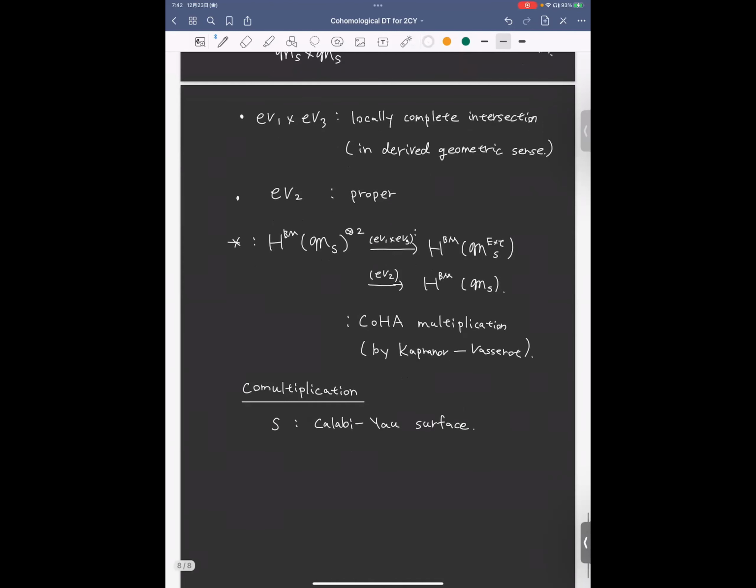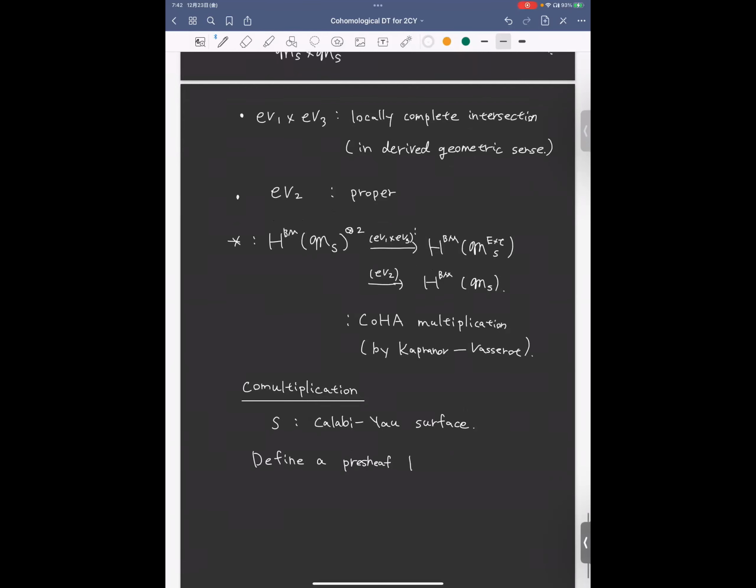And we define a presheaf on the affine line whose name is DT over S, and this presheaf encodes the information on the cohomological DT invariants for the surface S. This presheaf is defined as follows.